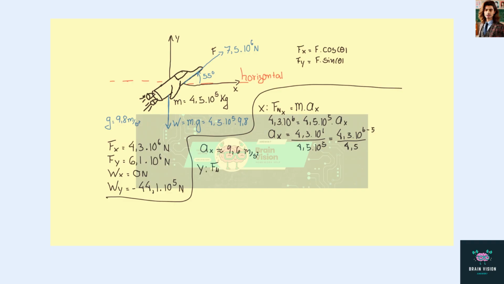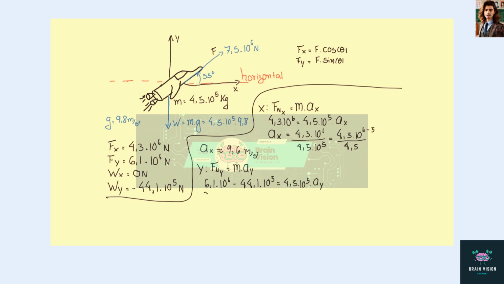The net force on the y direction is equal to the mass times the acceleration on the y direction. The net force on the y direction is equal to 6.1 times 10 to the sixth minus 44.1 times 10 to the fifth. And this is equal to 4.5 times 10 to the fifth times the y component of the acceleration.